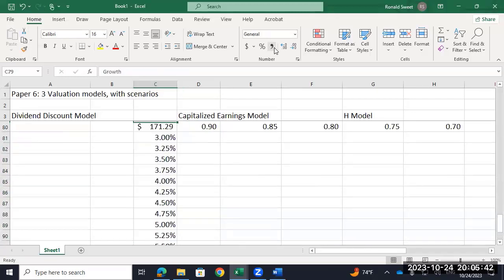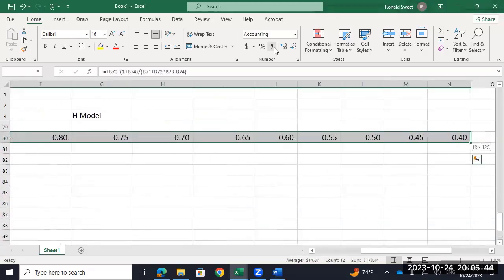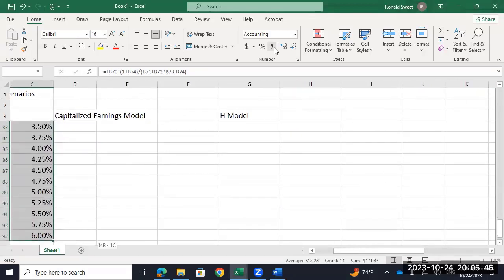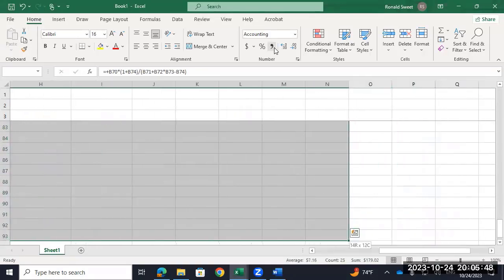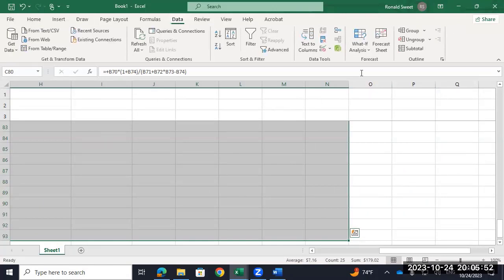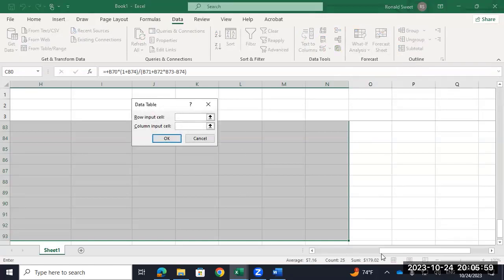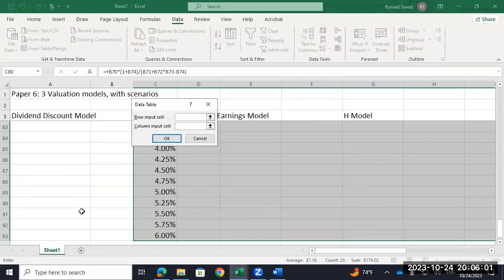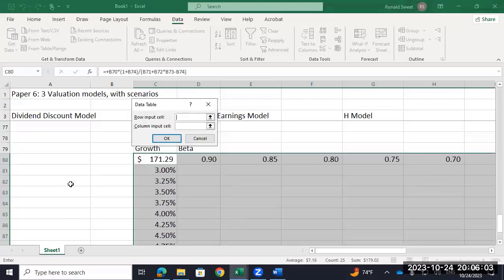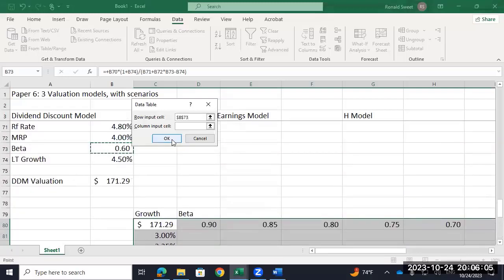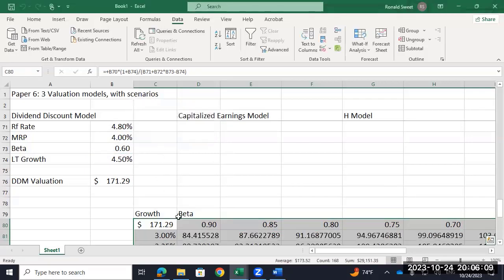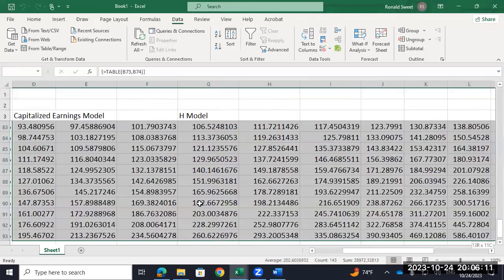So what you do is you fill it in, then you do data, what-if analysis, data table. My row cell is beta. My column is growth. And then it will fill it all in for you.